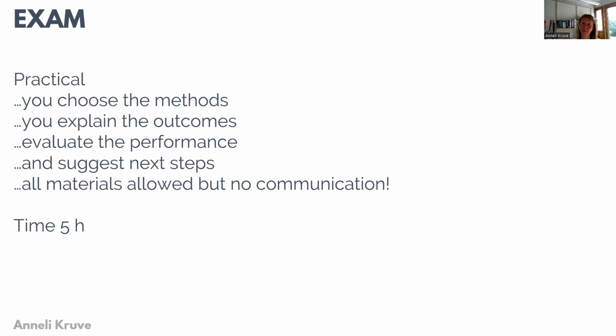During the exam, you can use all sorts of materials that you have, but no communication among yourselves. The same is also true for the labs. So you can use all material, but you should not communicate with each other, or ask help from some programmer or a chemometrician. This is not what you should be doing.